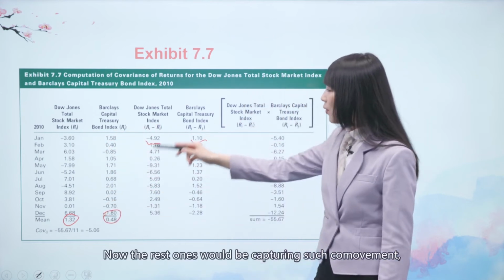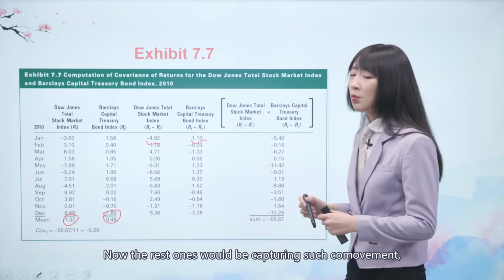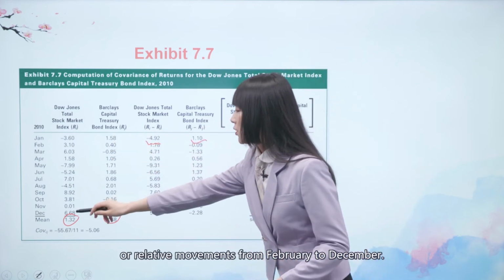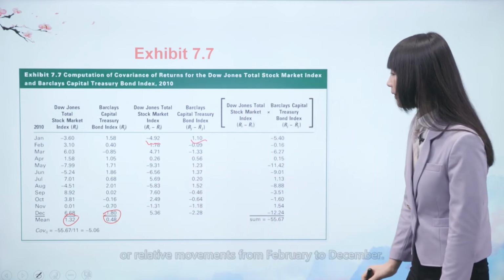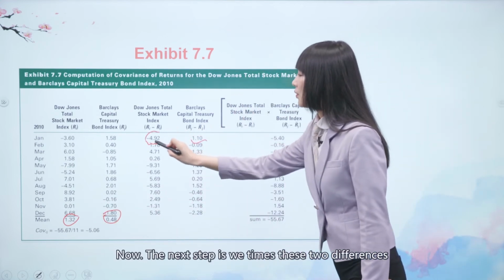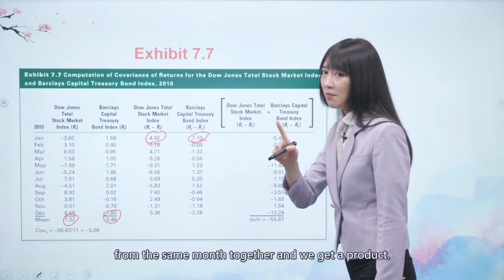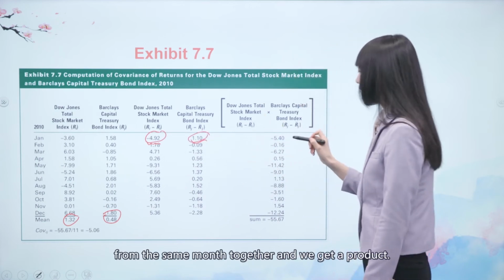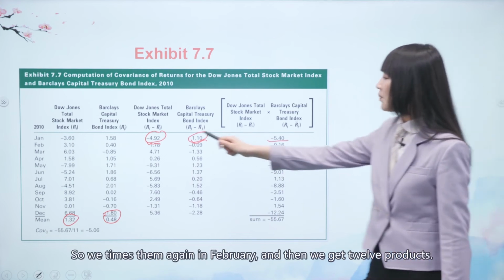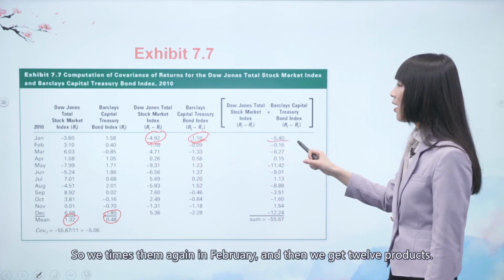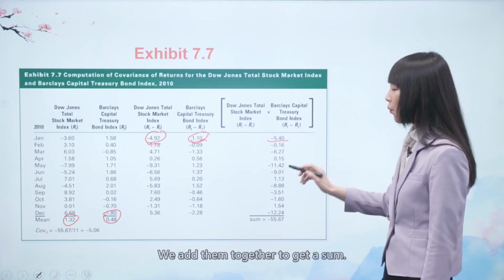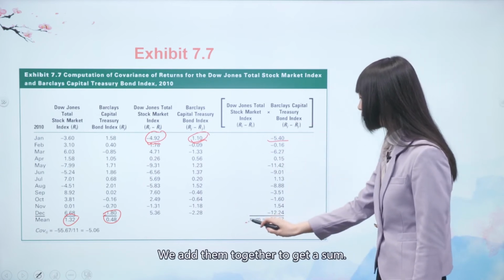The rest capture such co-movement, or relative movements, from February to December. Now, the next step is we multiply these two differences from the same month, remember, from the same month, together and we get a product. So we multiply them again in February, and then we get 12 products. We add them together to get a sum.